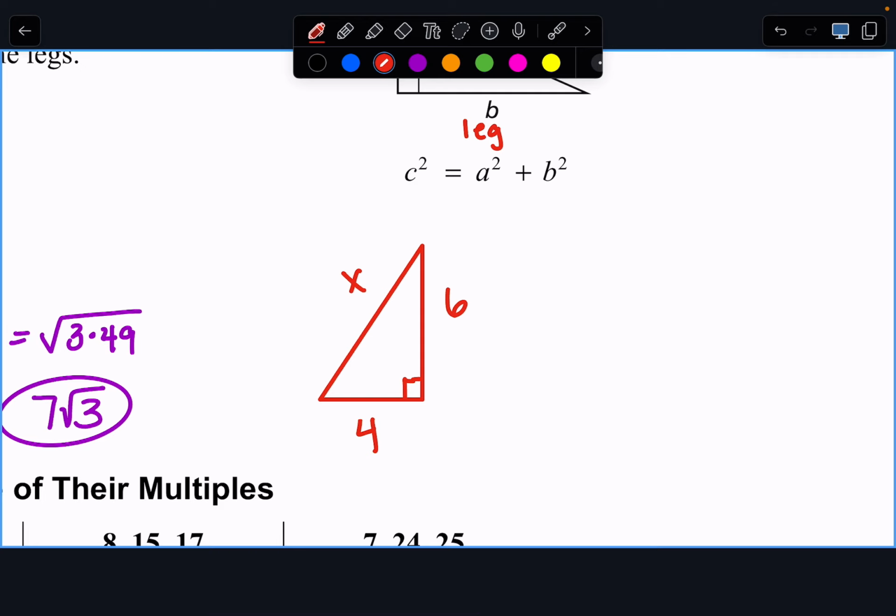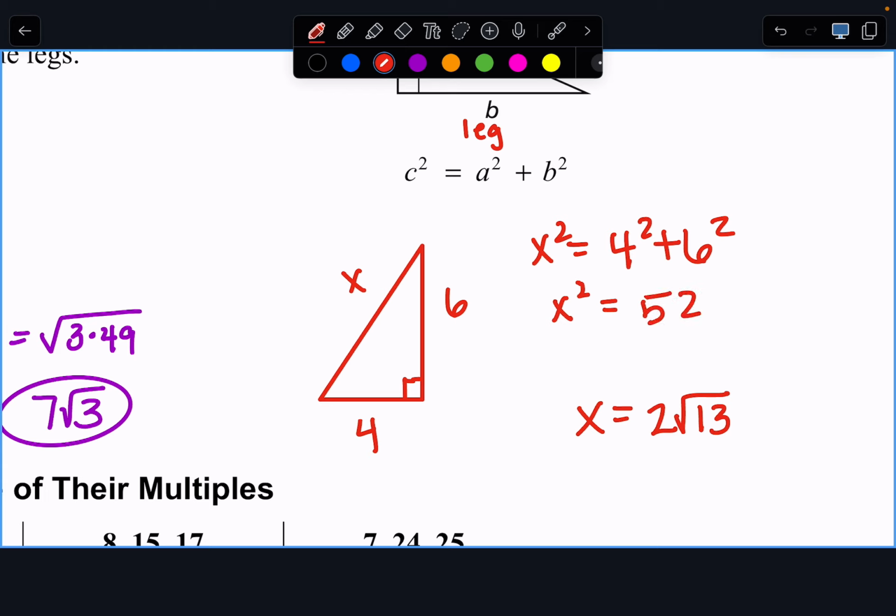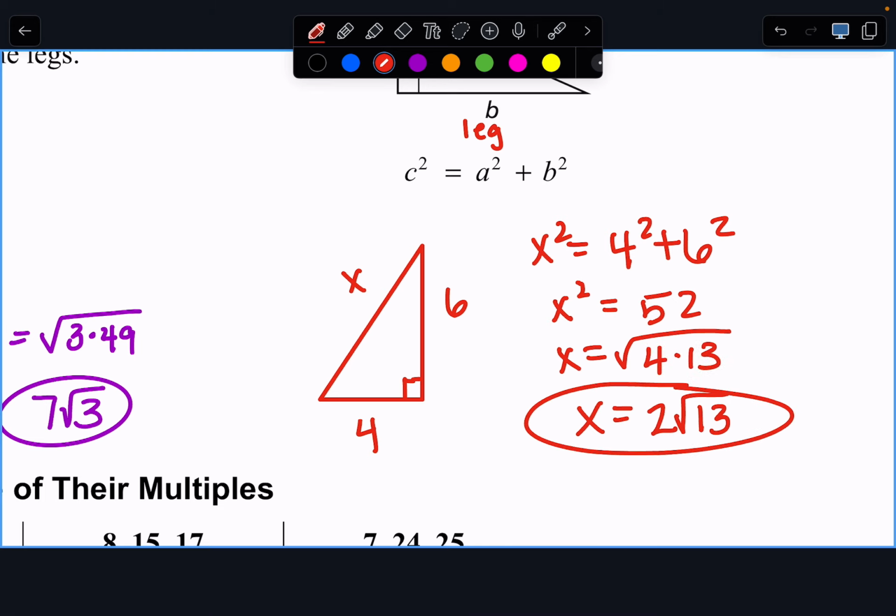So 2 times the square root of those. The argument of 2 radical 13 is winning. Yep. So we're taking 4 squared plus 6 squared, which is getting us 16 and 36, 52. And since 52 is 4 times 13, our answer is 2 radical 13.